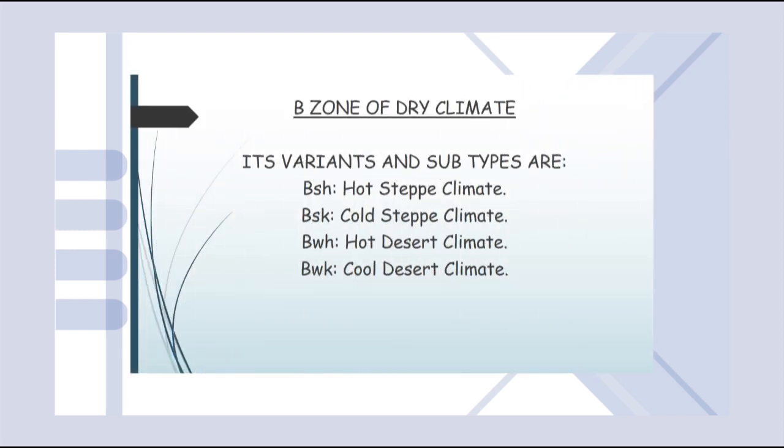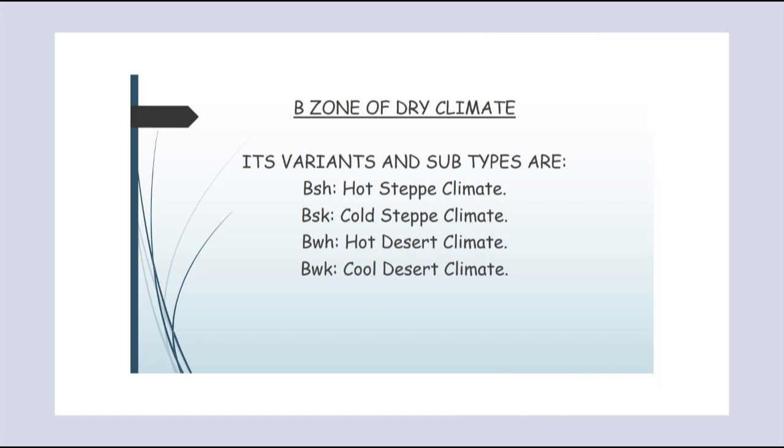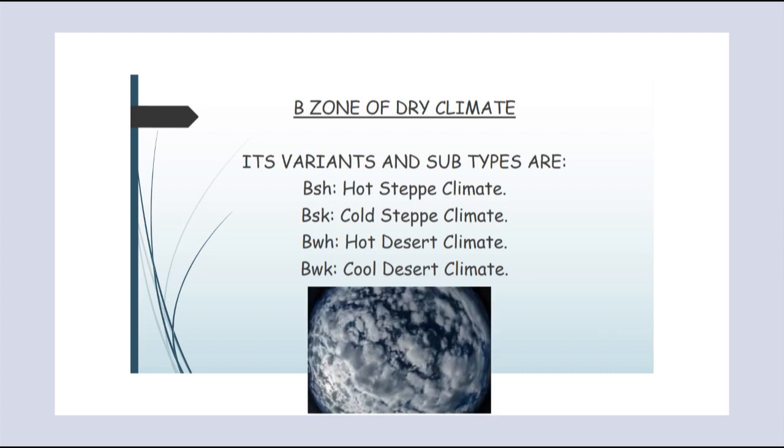B represented all dry climates or arid conditions all over the world with extreme temperatures. In both hemispheres, we have BSH, which represents hot steppe, BSK cool steppe, BWH hot desert, and BWK cold desert.